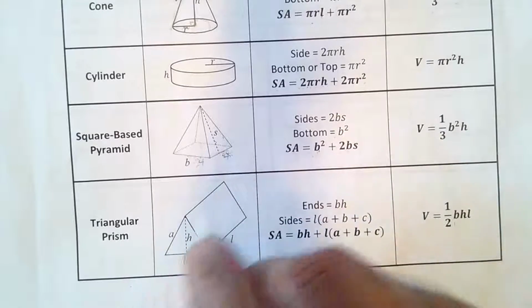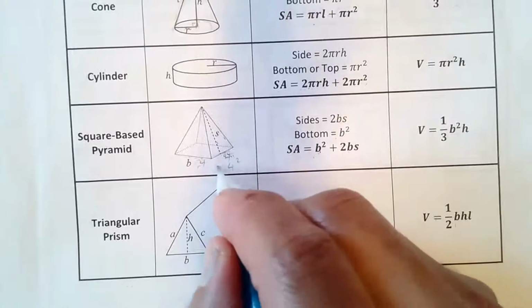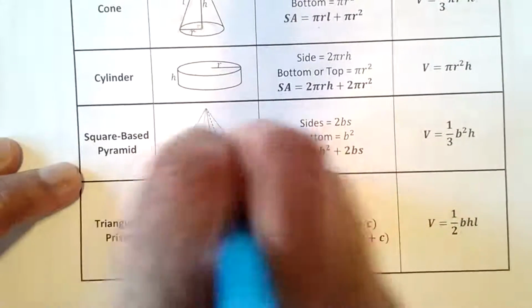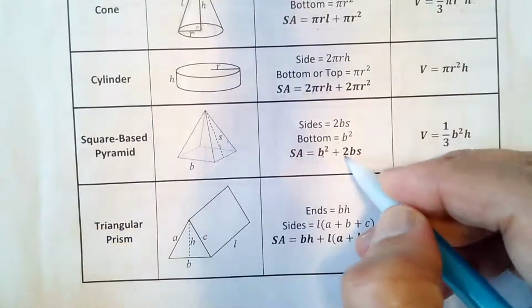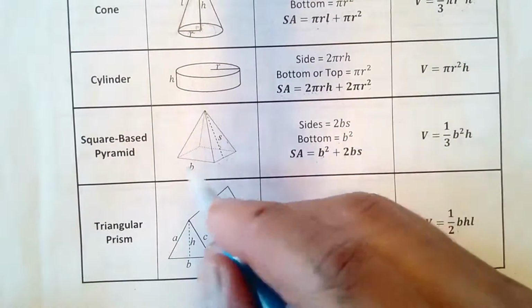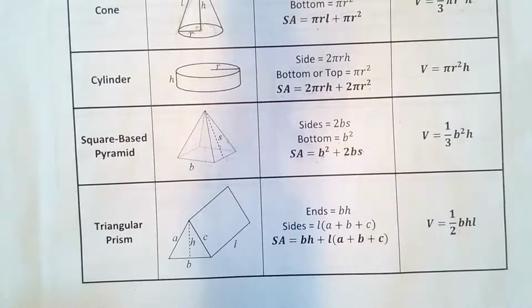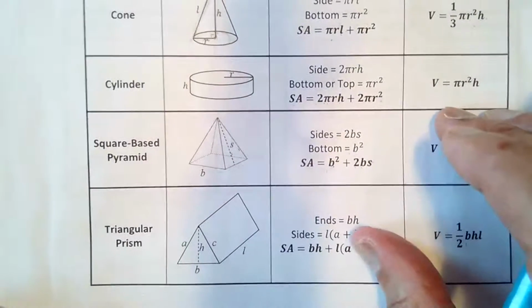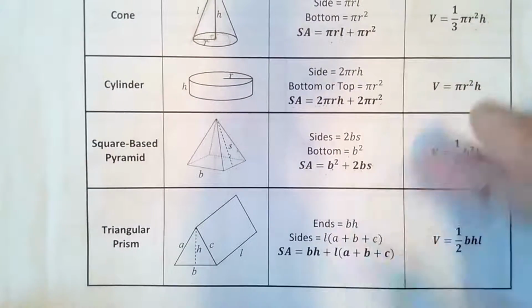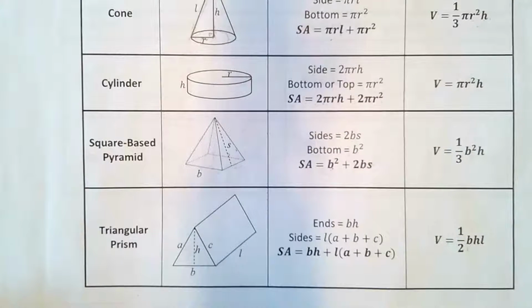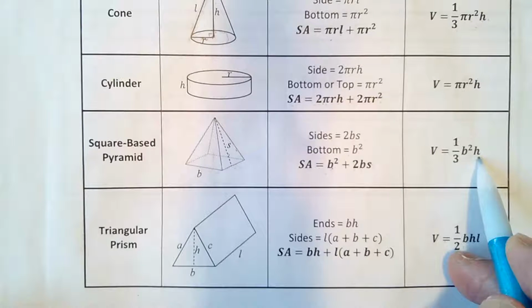So 4 times 4 is the same as 4 to the power 2. Then two times the base, the length of the base here, multiplied by the side length, sometimes referred to as the slant height. It's referred to as not the perpendicular height here. We'll need that perpendicular height to find the volume.